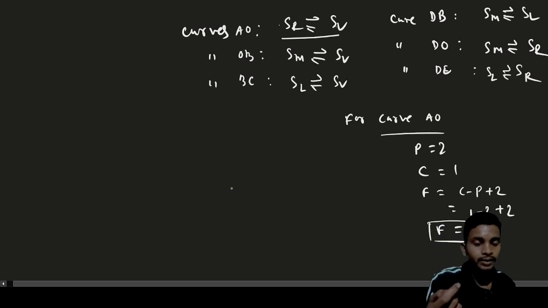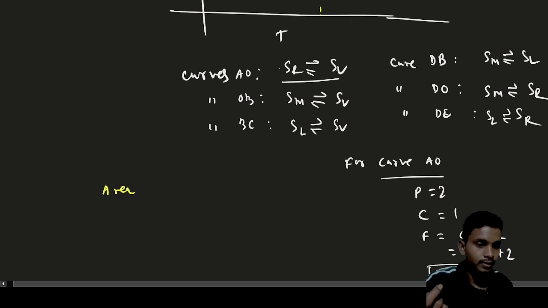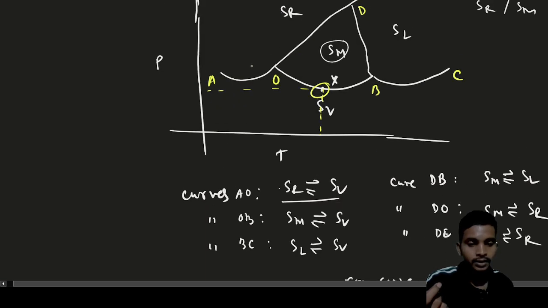Okay, so similarly let's say the areas. Let's say this area AOBC. In this total area AOBC, only vapor is there.